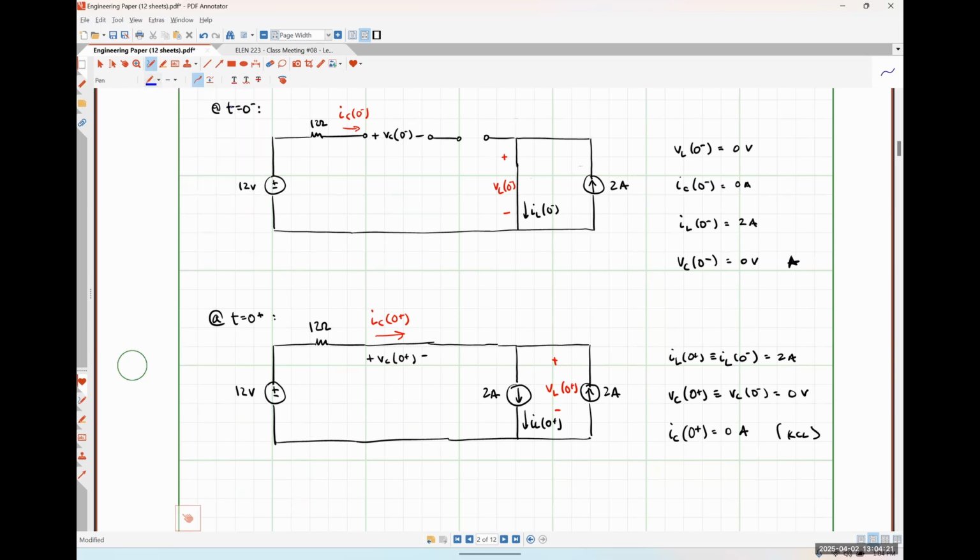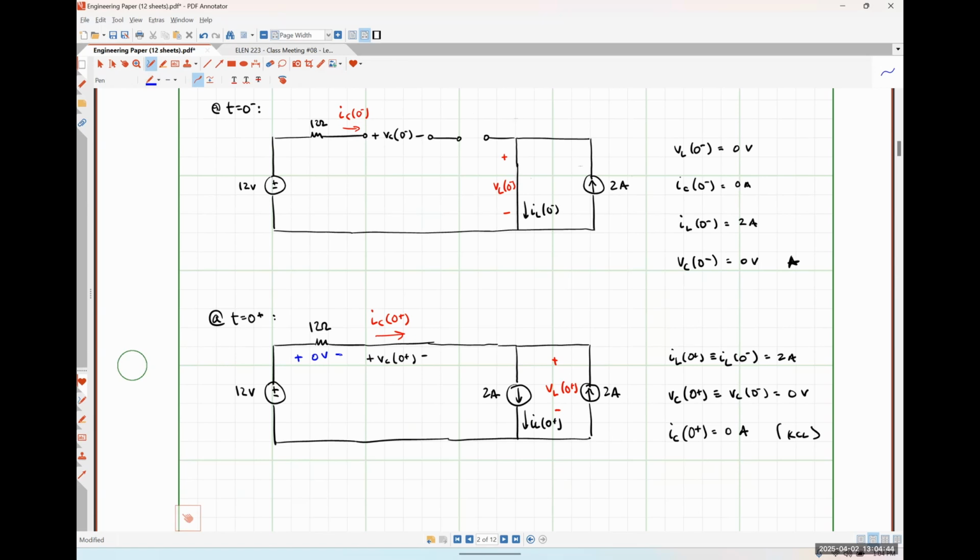Just for the hell of it, I'm going to make a note here then that the voltage drop across the 12 ohm resistor is 0 volts. If there's current flowing through it, then there's no voltage drop across it. Now, I believe I could do KVL around this circuit to figure out what VL at 0 plus is. And to me, it's looking like it's going to be 12 volts, right?